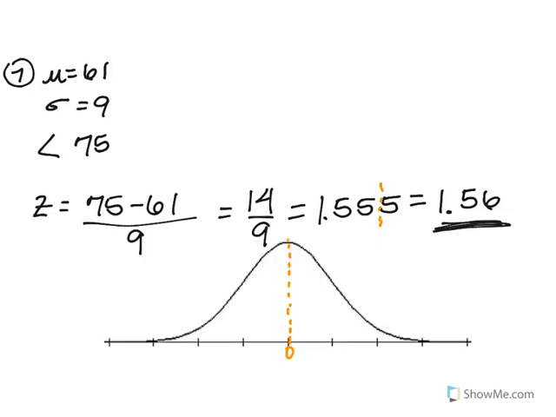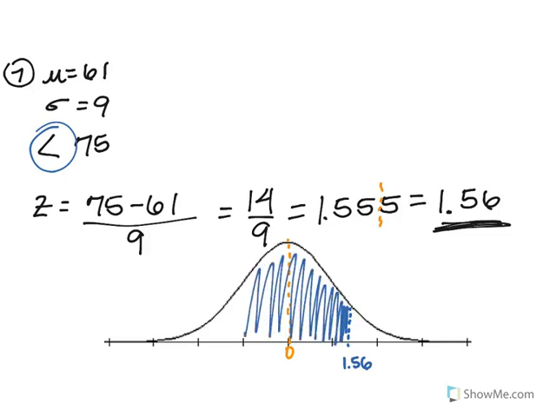All right. So at 1.56, if I'm saying less than that, then again, I'm going to the left. And I don't say when I'm stopping, so it's going to taper on out through the end. And that would be a body shade.